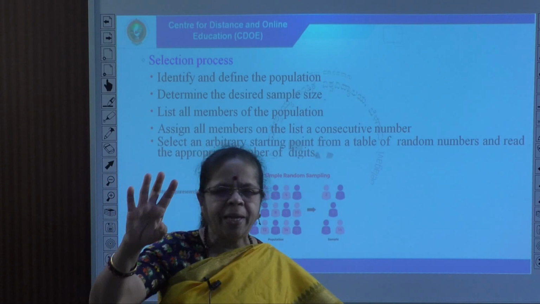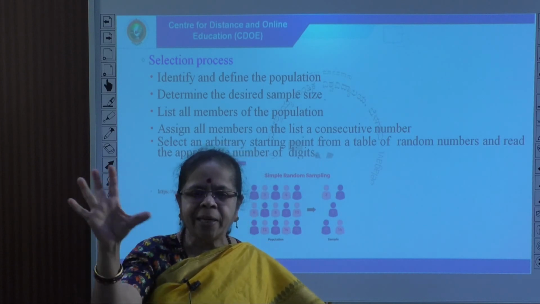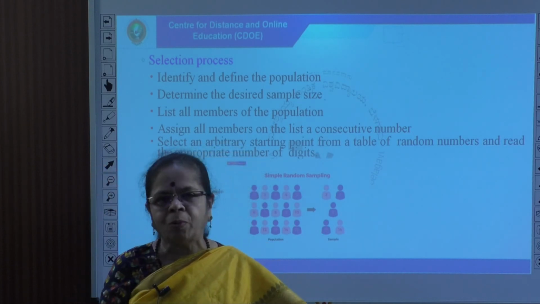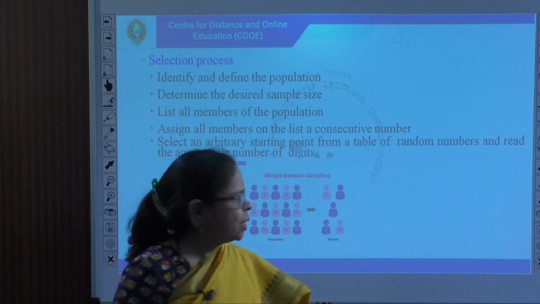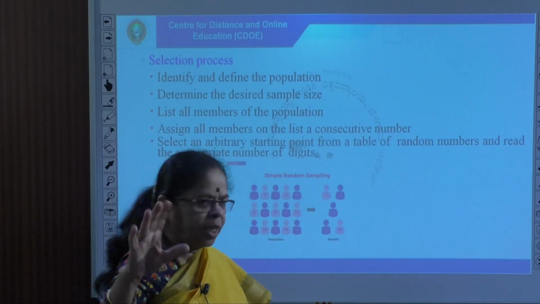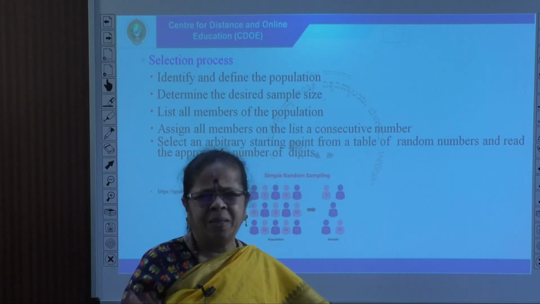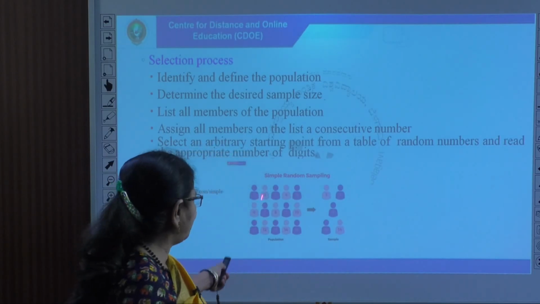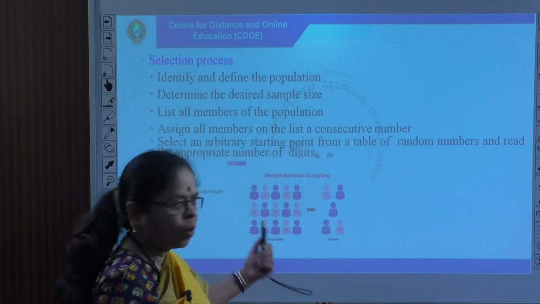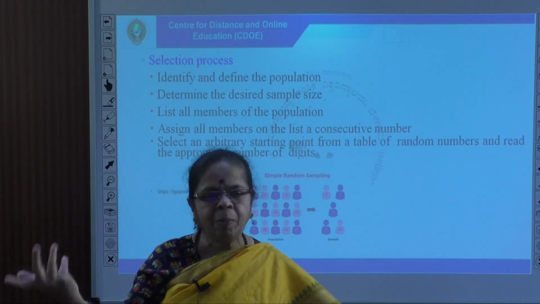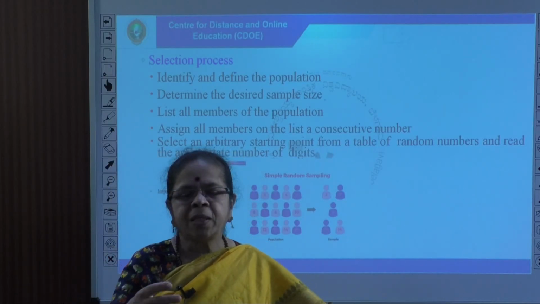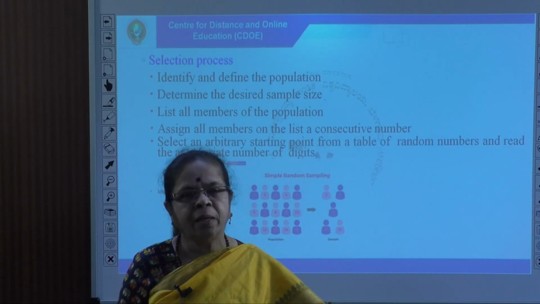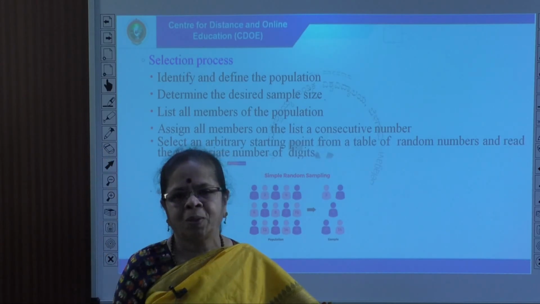I will just close my eyes and call a child and ask, give me 5 numbers between 1 and 15. The child will say 2, 5, 9, 13, 14 randomly. So, I pick up those people. Or maybe the child may say 1, 7, 11, 10, 15, I will pick up those numbers.